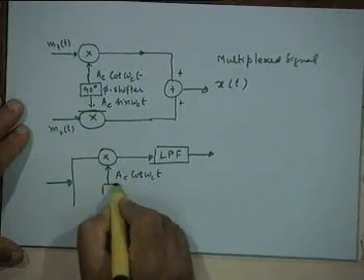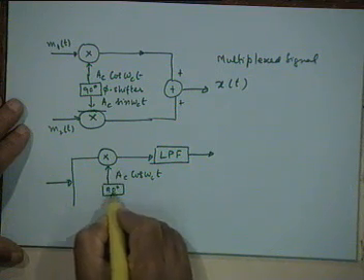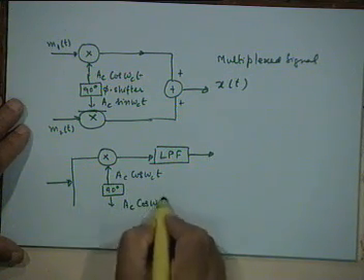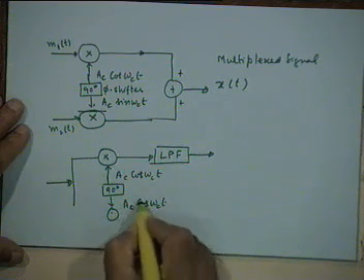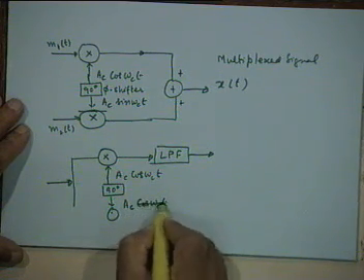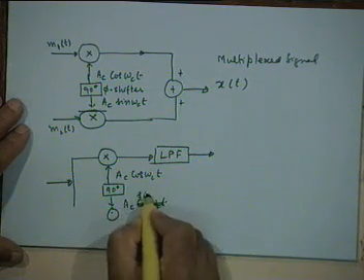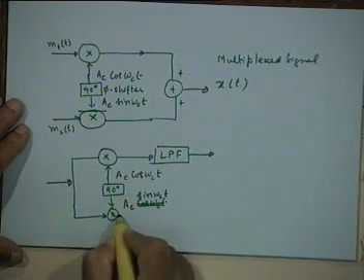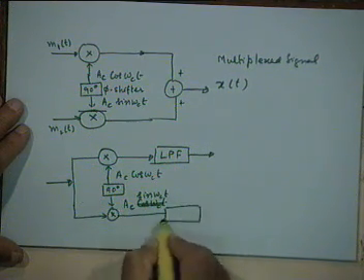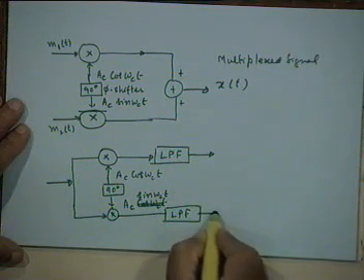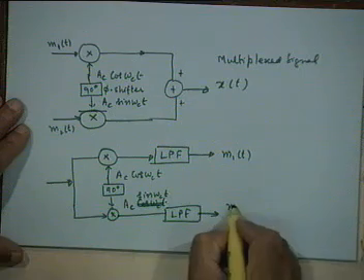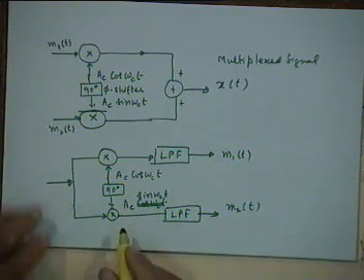And similarly, if I use a second coherent detector, this should be A_c sin(omega_c t), followed by a low pass filter. So what will this give? The message waveform m1(t). This will give m2(t), right?